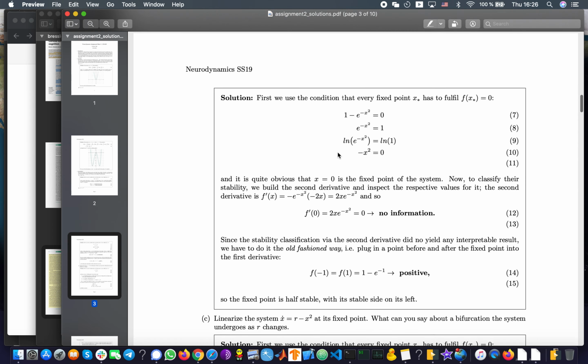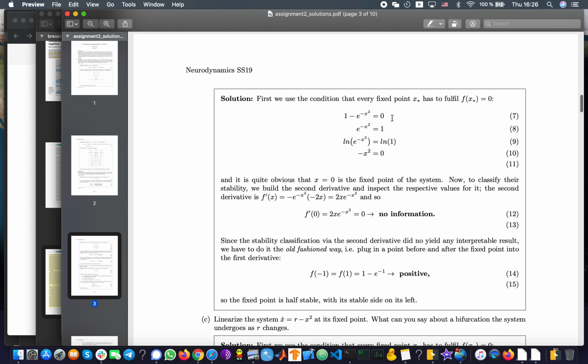Again, we put it equal to 0, and you can take the minus e to the power minus x squared to the other side, and then take the ln, and ln cancels out the exponential function, and ln of 1 is equal to 0, therefore minus x squared is equal to 0, and therefore x equal to 0 is the fixed point.